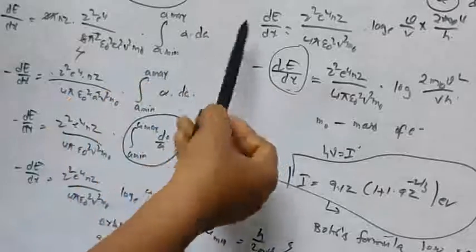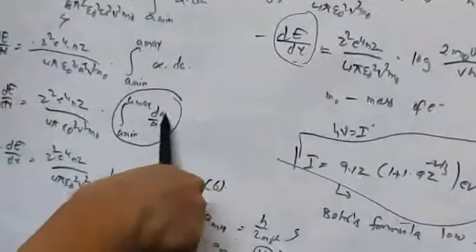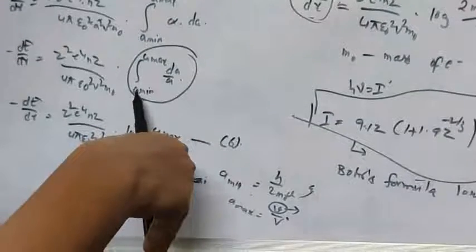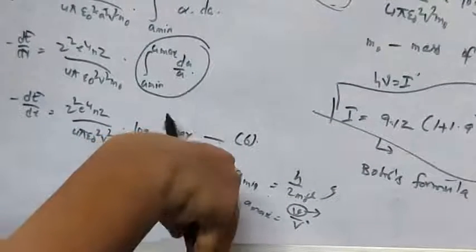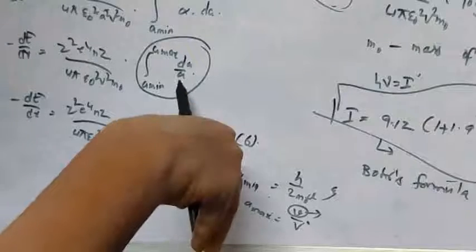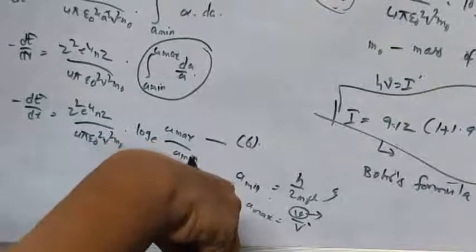After cancellation, the remaining integral from A minimum to A maximum of dA by A is nothing but log A maximum by A minimum.